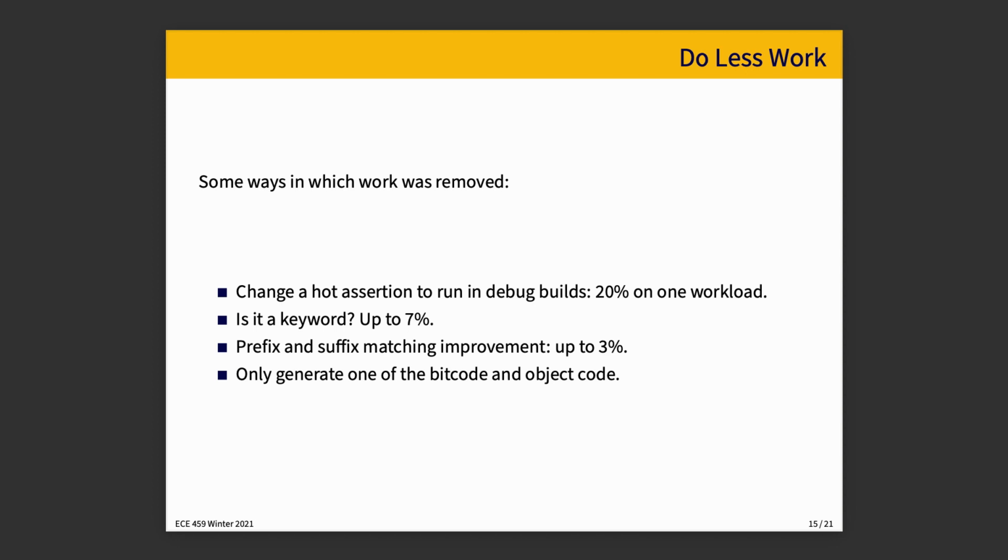If the user wants to compile without link time optimization, they don't need the LTO stuff, and if they want to compile with it, they don't need the object code version because they have the LTO version. So making both was just a waste of time and space. Actually doing that was somewhat complicated, and we're not going to go into the details of it, but it yielded improvements of up to about 18%.